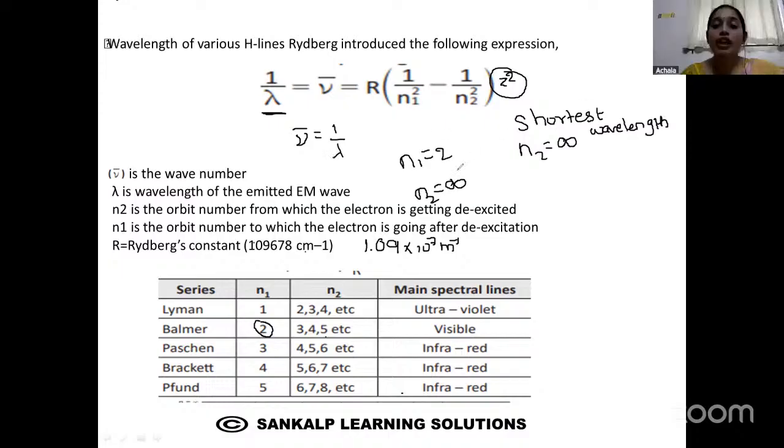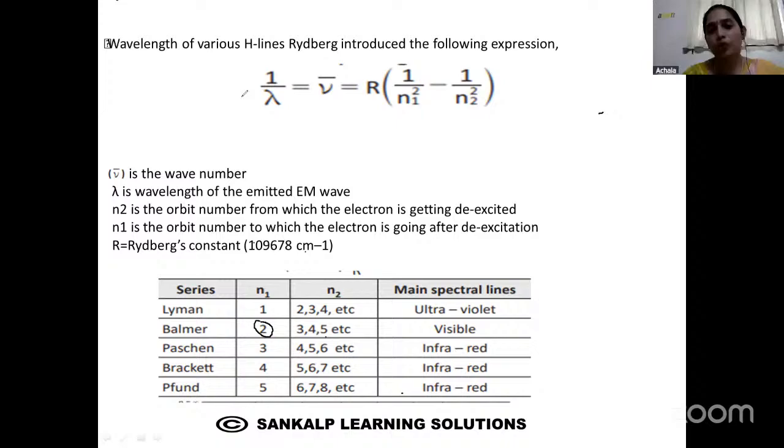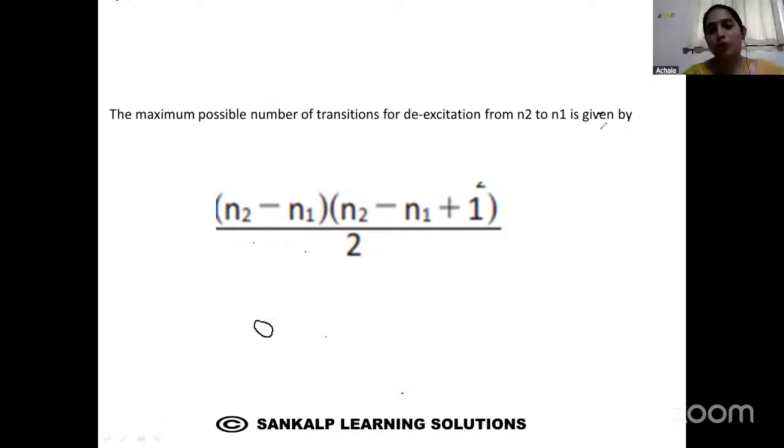Before that, another important equation is the total number of spectral lines. The maximum possible number of transitions or lines for de-excitation from n2 to n1: if an electron is jumping, how many lines are possible?